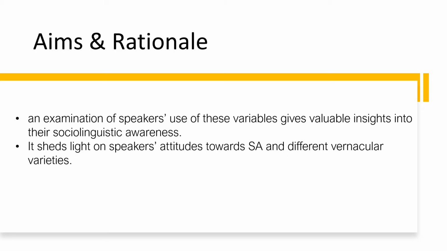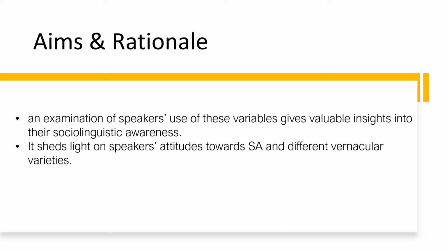So what are the aims and what's the rationale behind an investigation of these two variables? They aren't studied as much in sociolinguistic research. Not many studies use them as sociolinguistic variables, and certainly not in conjunction with each other.